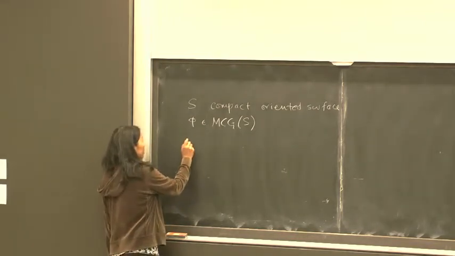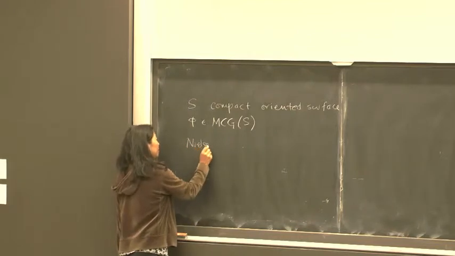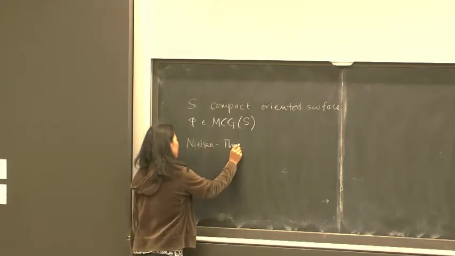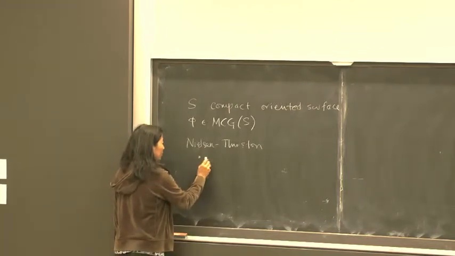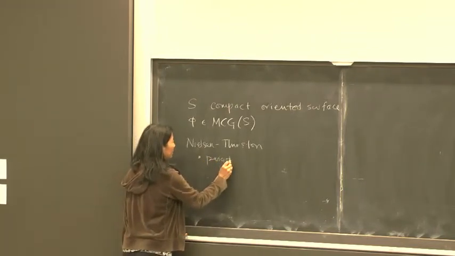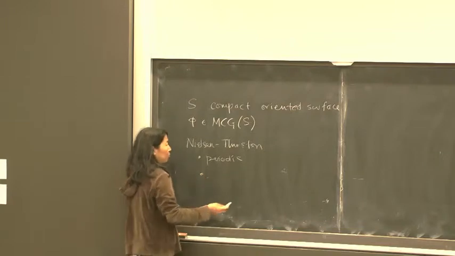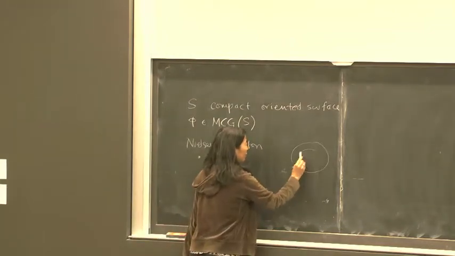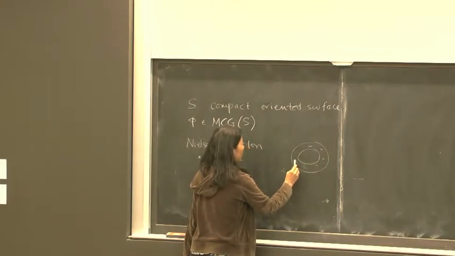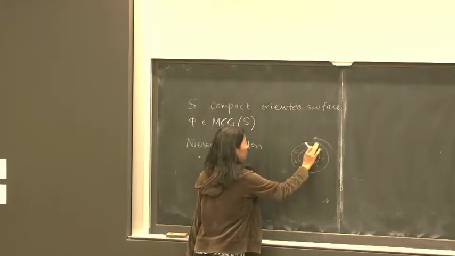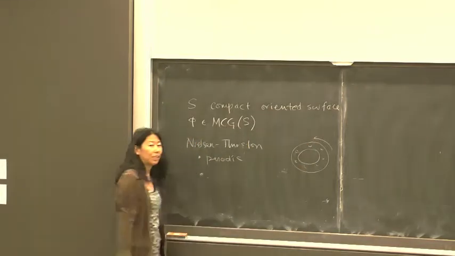And then by the Nielsen-Thurston classification, there are three types. There's the periodic, so I picture, there are different kinds, but here's a kind where you have this periodic rotation.